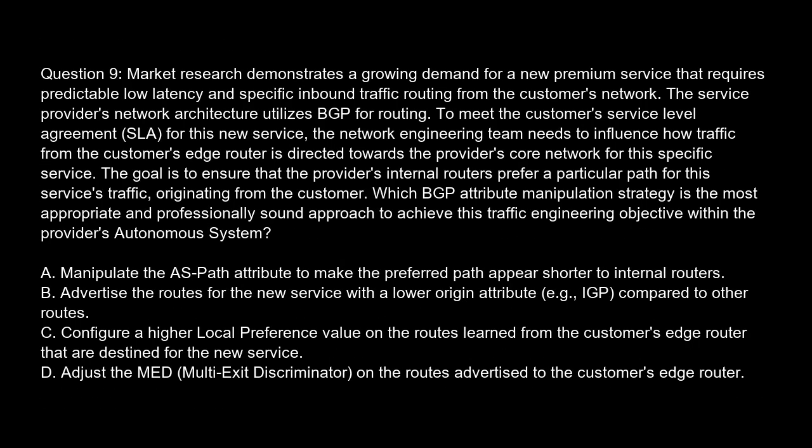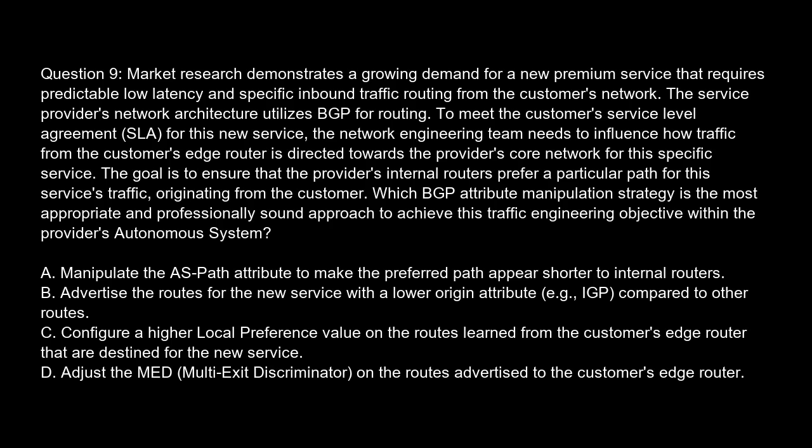Question 9. Market research demonstrates a growing demand for a new premium service that requires predictable low latency and specific inbound traffic routing from the customer's network. The service provider's network architecture utilizes BGP for routing. To meet the customer's service level agreement, SLA, for this new service, the network engineering team needs to influence how traffic from the customer's edge router is directed towards the provider's core network for this specific service.